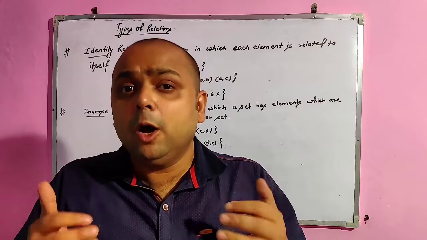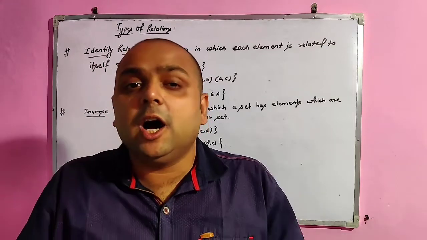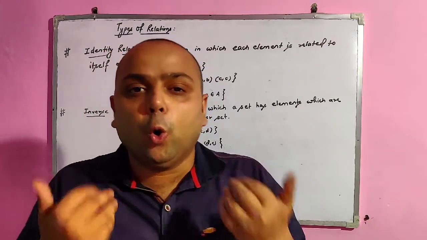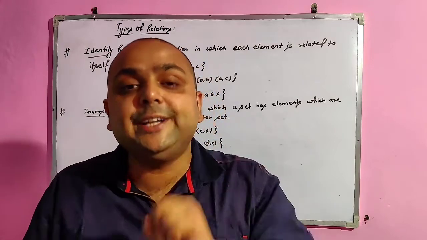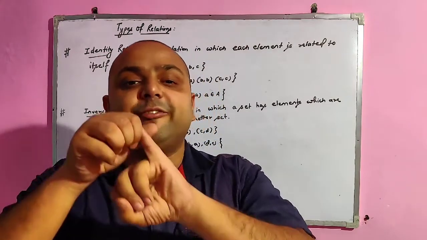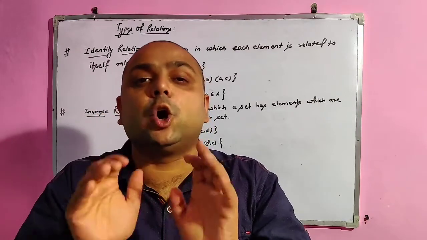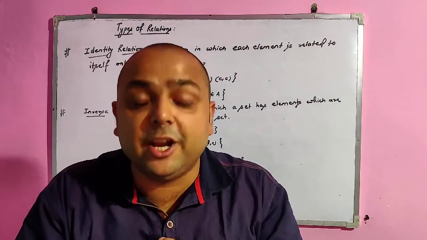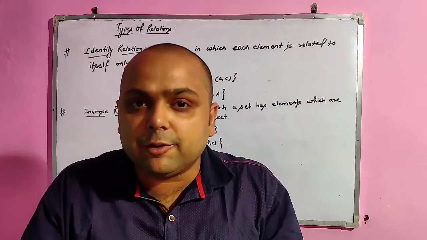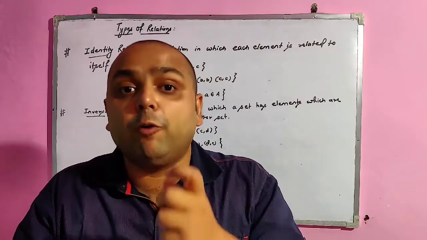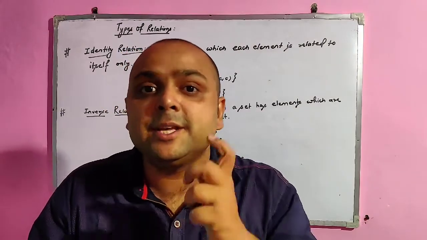What is the equivalence relation? A relation which holds true for three types of relation, that is reflexive, symmetric and transitive, is called the equivalence relation. In the next part of the video, I will show you what an equivalence relation is.